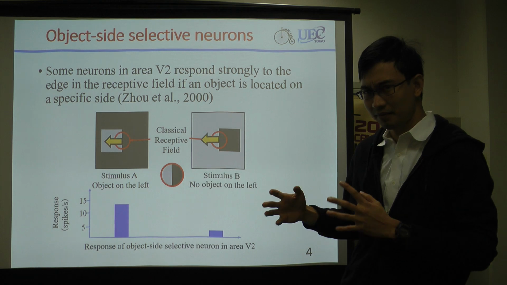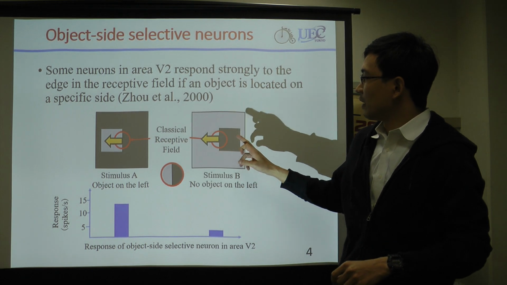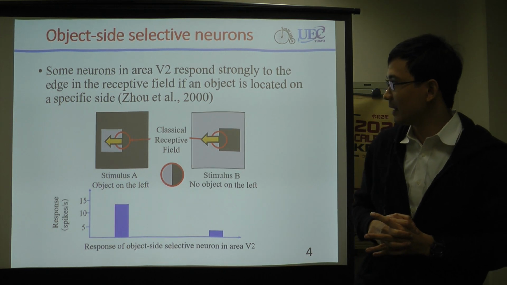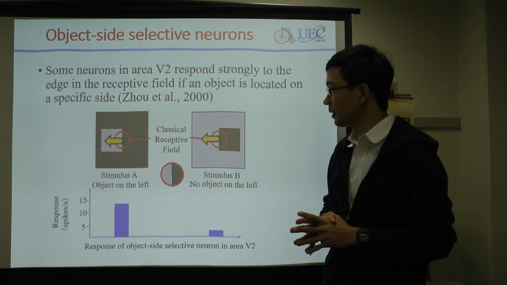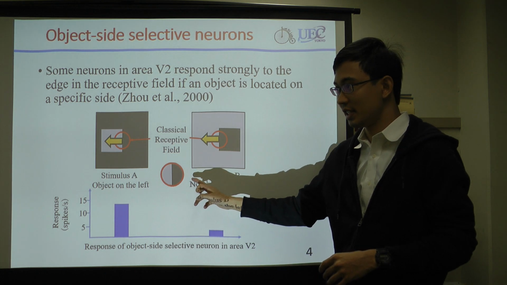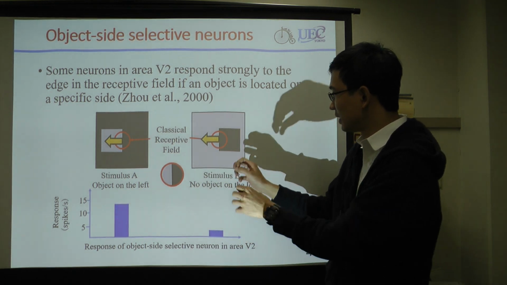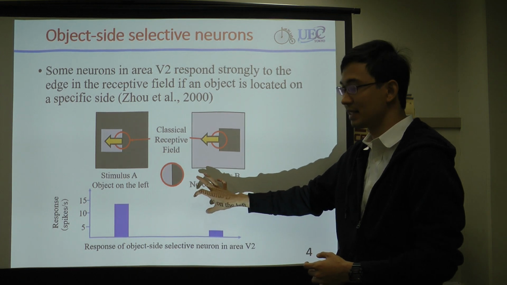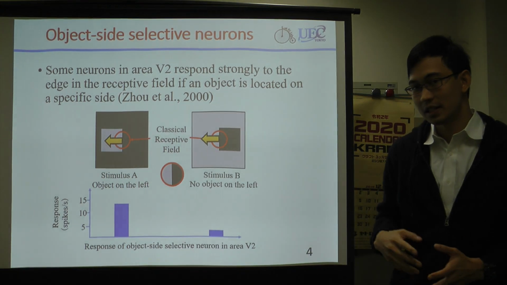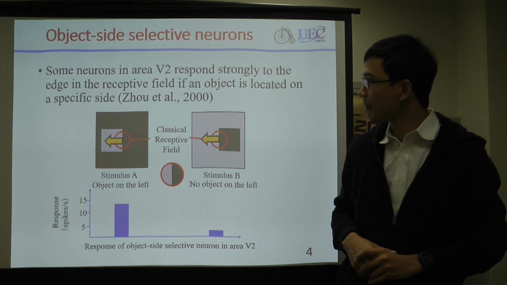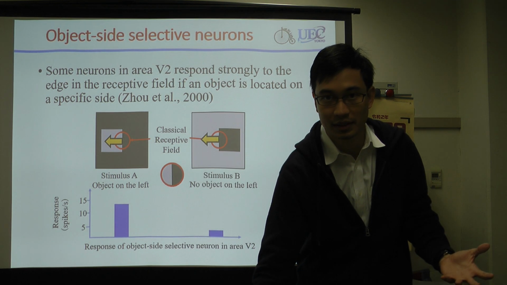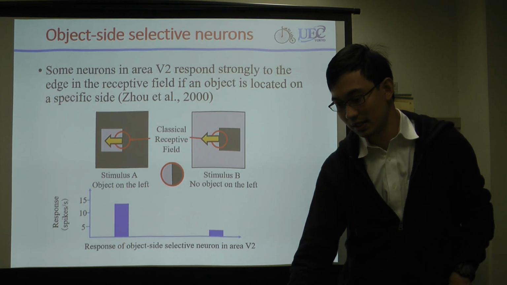So the next question is, how do these neurons calculate or assign border ownership? As you can see, there are no cues inside the receptive field to calculate, which means it uses information from outside its classical receptive field. Now there are several models that have been presented to date to try to reproduce the response of these neurons.